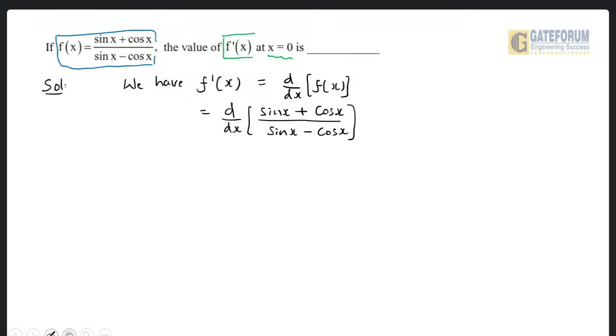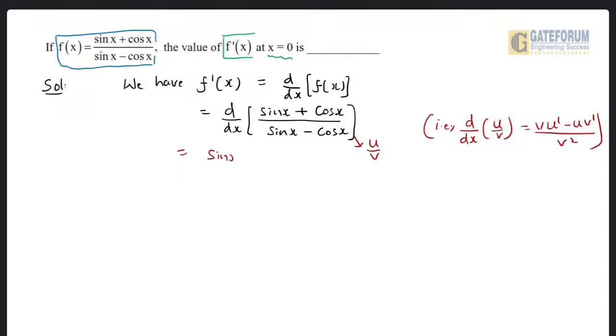Comparing with the quotient rule of differentiation, d by dx of u by v is v into u dash minus u into v dash by v square. U dash means du by dx, v dash means dv by dx. So numerator u is sin x plus cos x, denominator v is sin x minus cos x.